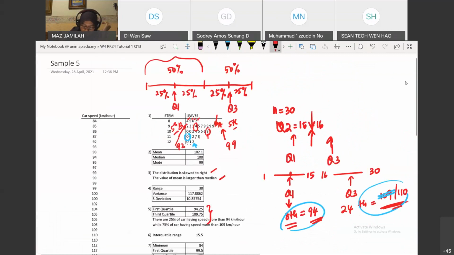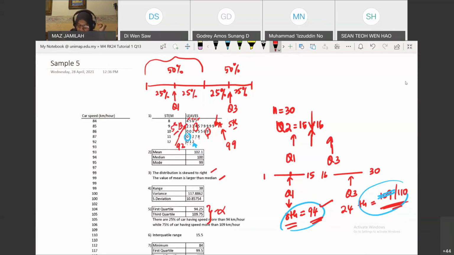But if you are using your Excel calculation, then this is your answer. If we were in the test or exam, this is the correct answer, and this is the wrong answer, because we need to base on the equation.